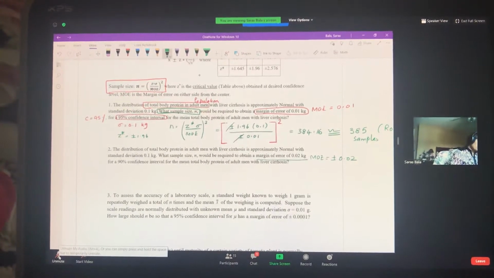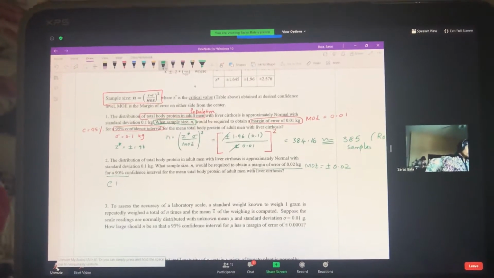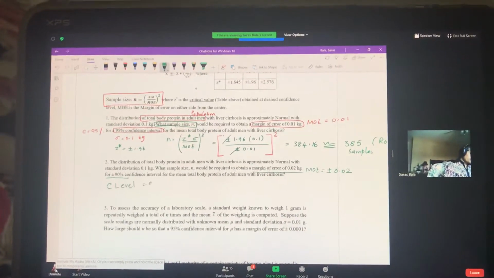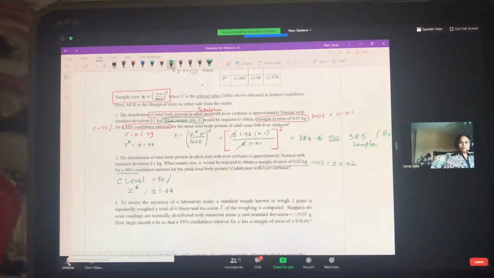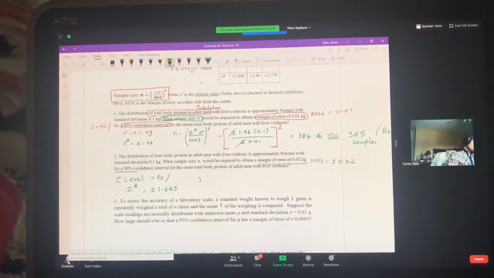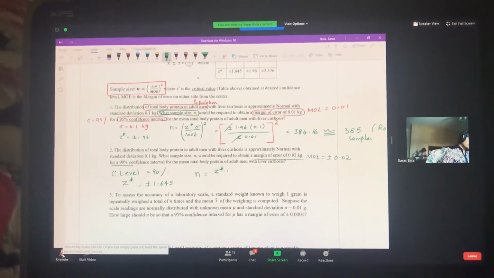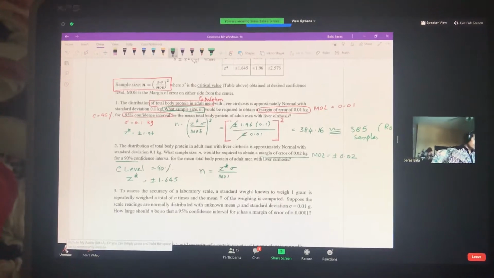So with the C level equal to 90 percent, your Z star is going to be plus or minus 1.645. So that is going to be the critical value. Your formula is going to be Z star sigma over the margin of error, the whole square. Remember the formula, or you can also make your formula card.